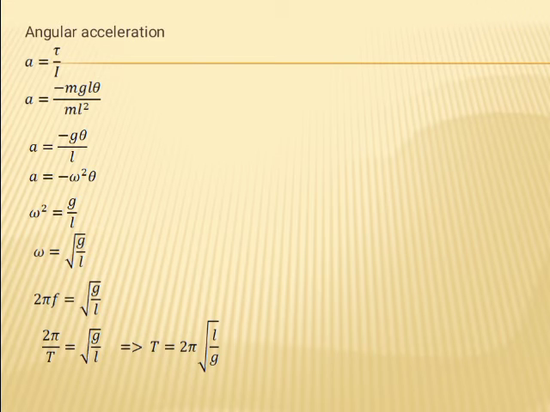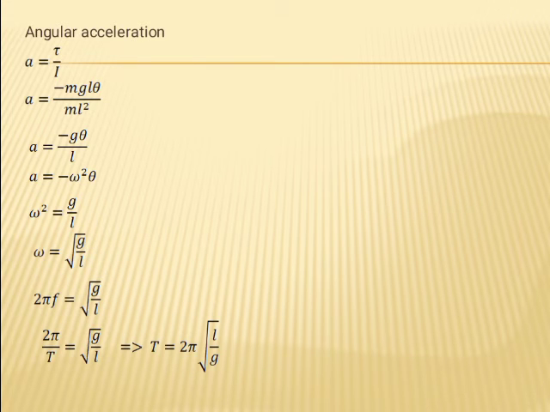The value of omega would be 2 pi f, frequency, and how are frequency and time period related? f is equal to 1 by t. In the place of f, I've substituted 1 by t here. So you would get 2 pi by t is equal to root g by l.